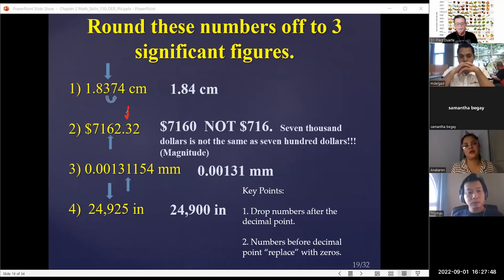Then that would be the 3, wouldn't it? Right? And so that means we look at the 2, we can drop. So if it was 5 sig figs for this one, then the answer would be 7162.3, right? If the question was 5 sig fig position.